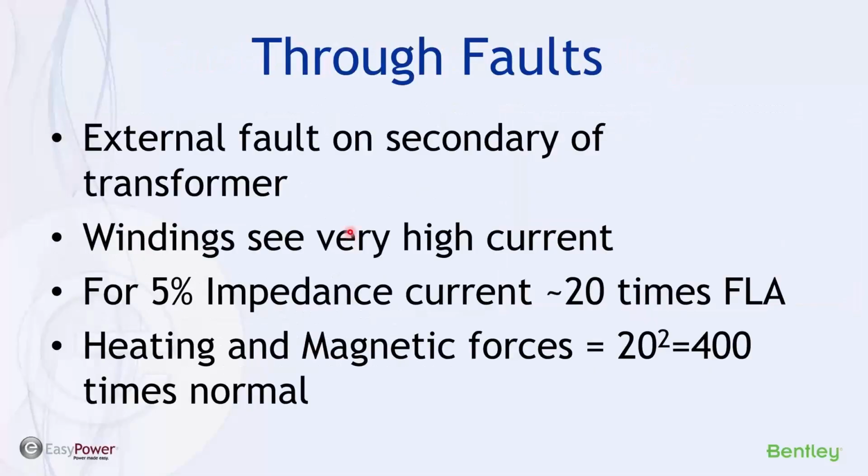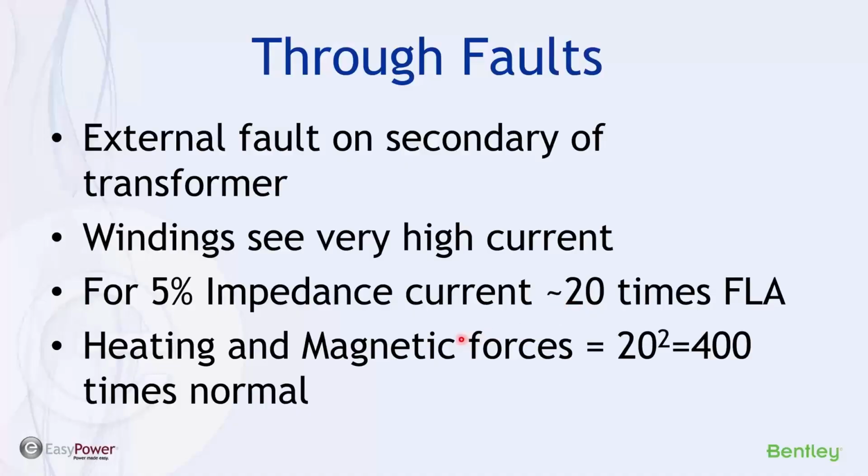Now, through faults are the result of an external fault in the secondary of the transformer. And the issue here is the high current that's involved when we do see a fault in the low voltage system. For instance, with a 5% impedance transformer, the effect of fault current can be 20 times typical values.